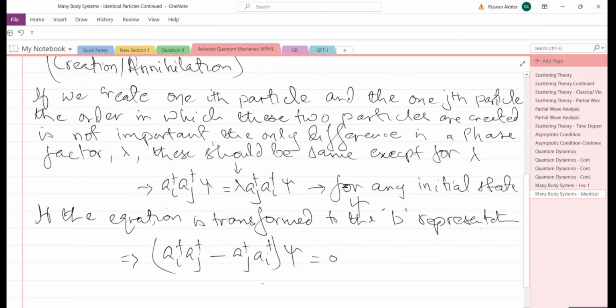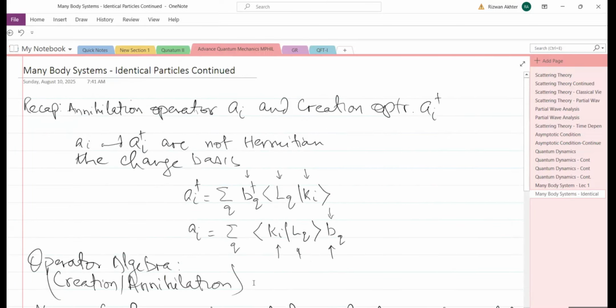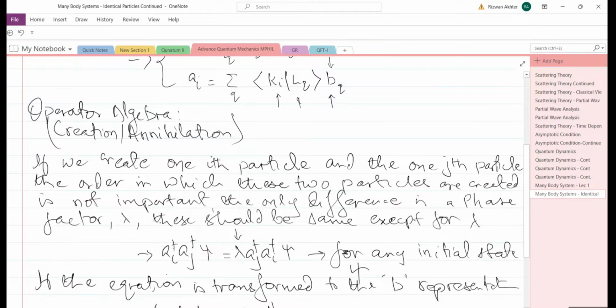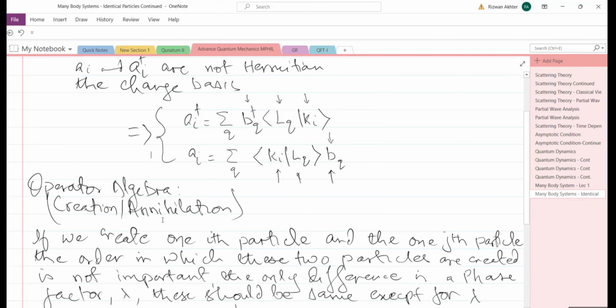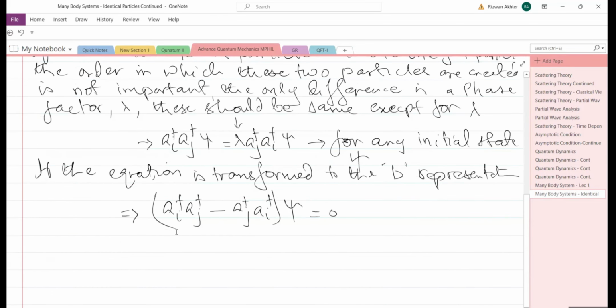And then one could think about the change of basis, for both a_i dagger and a_j dagger, using these two relations. So using these two relations, we can substitute the values of a_i dagger and a_j in this equation. And after substitution, we would get summation over k comma l.